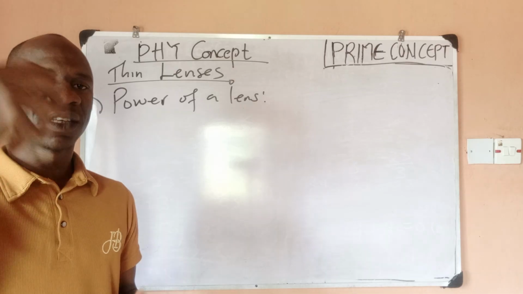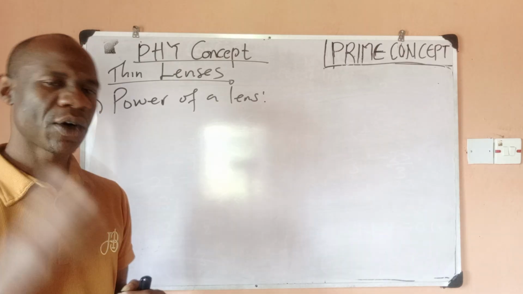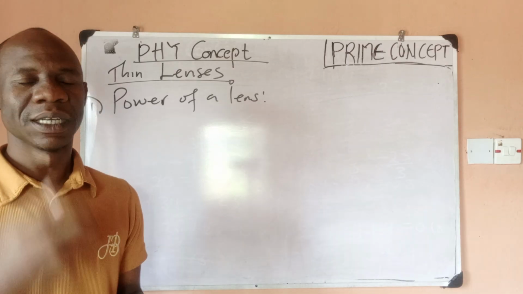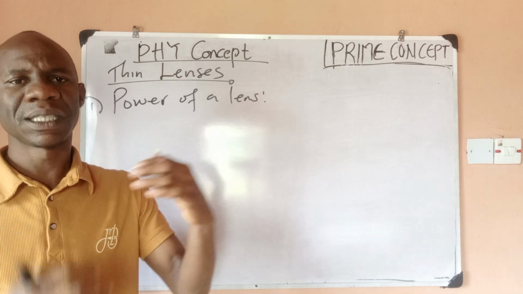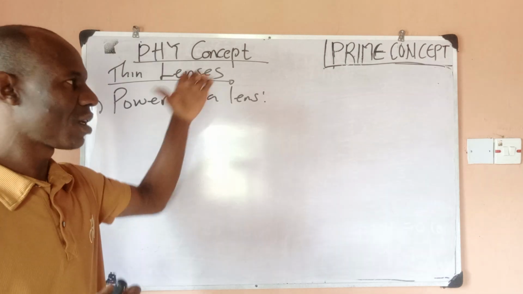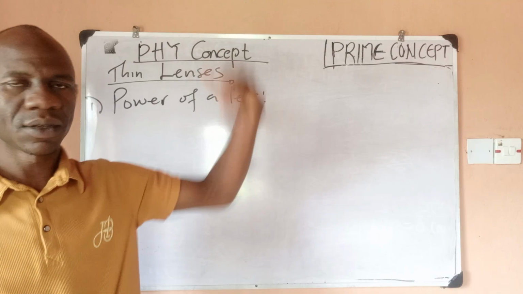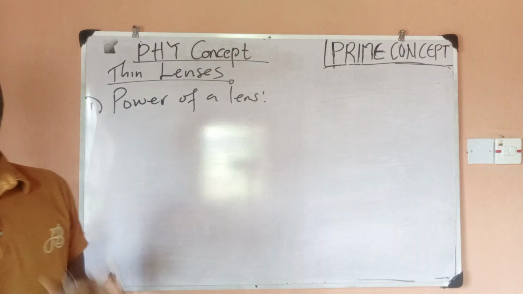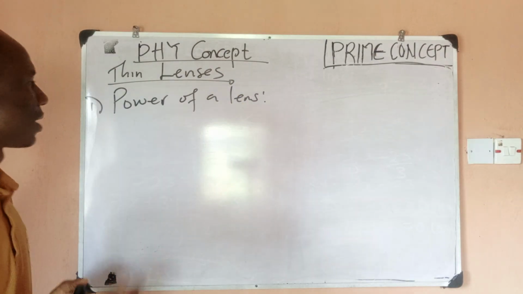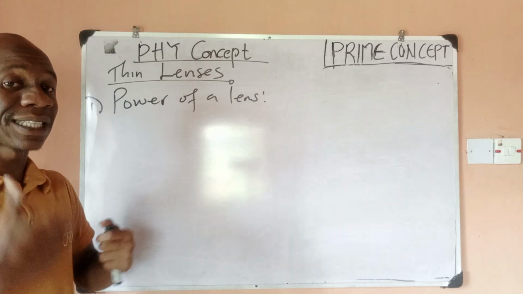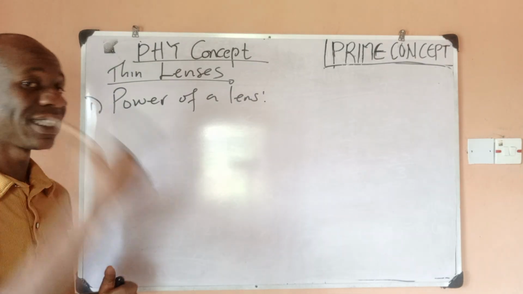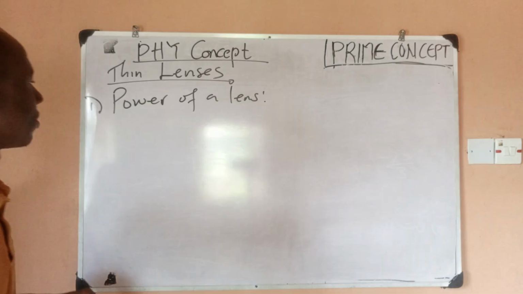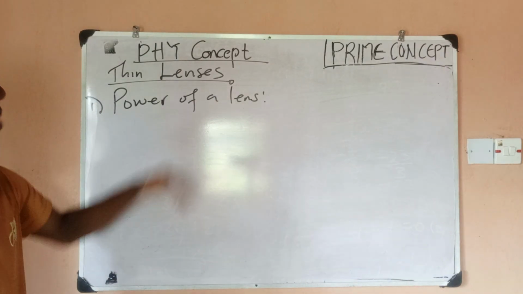One of the things you want to know is the power of that lens. How strong is this lens? So the strength of that lens will determine how it can help you to actually view those things that are far or those things that are close. That is what we mean by power of a lens: the strength of that lens, the extent to which a lens can focus something for you so that it can be seen clearly at your retina.